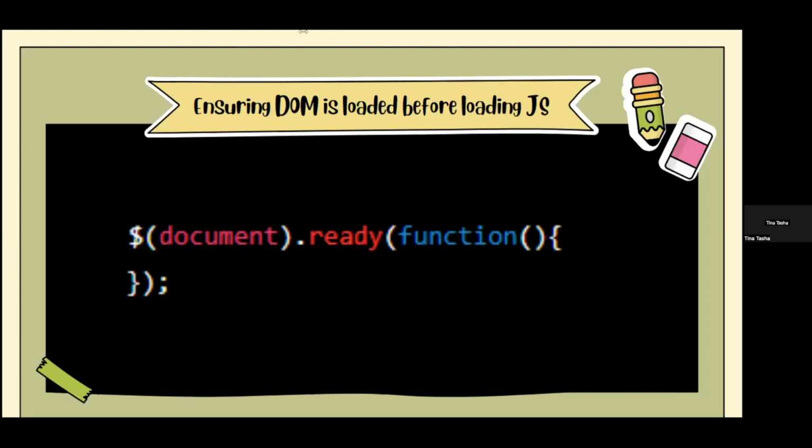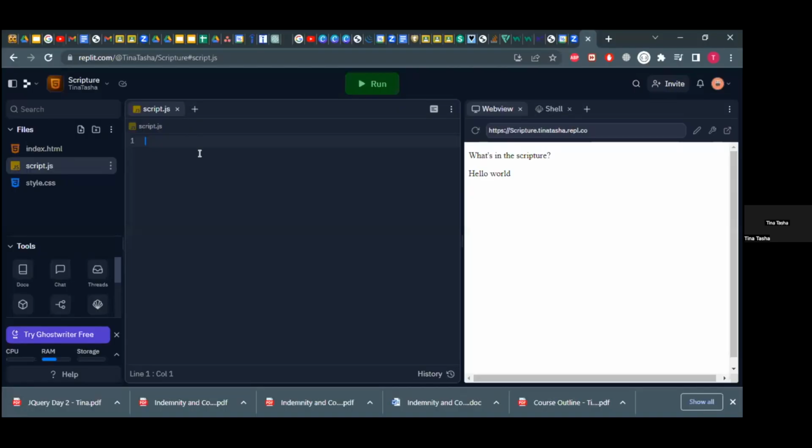Go into our Replit. There we go. So the first thing is the $ sign. After the $ sign, can you guys see my screen? Yeah. Okay, awesome. After the $ sign are the brackets and the word document, which checks for the HTML document.